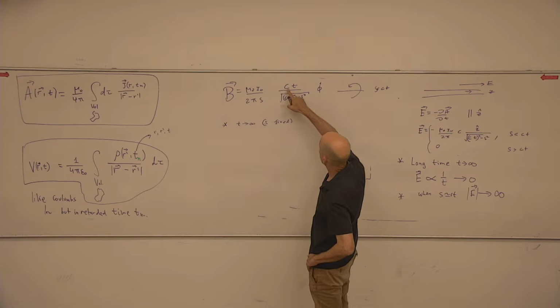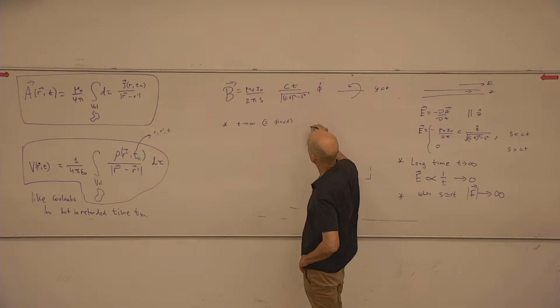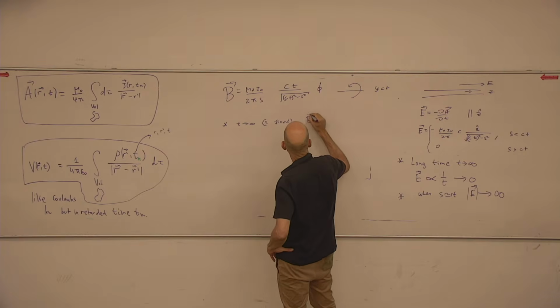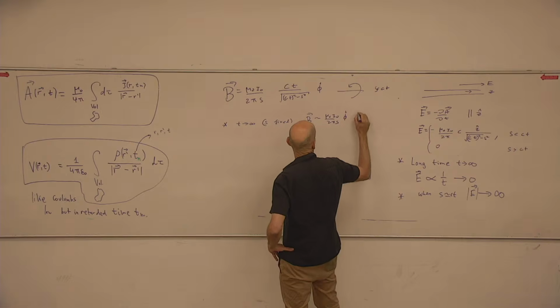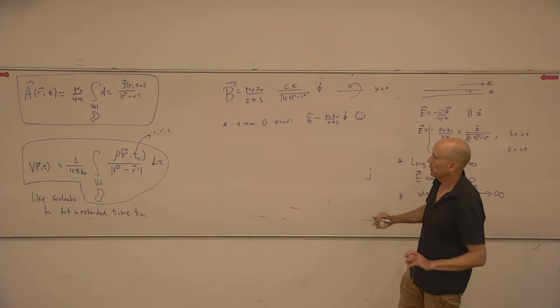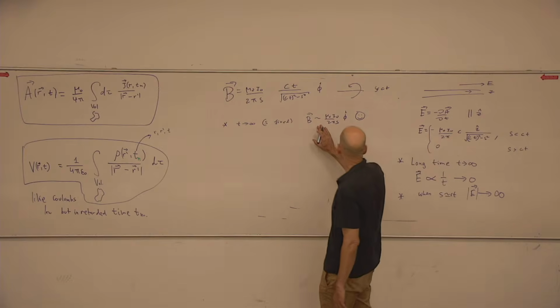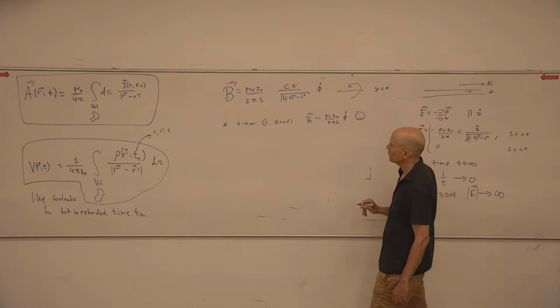This goes to infinity, so this is ct, this is ct squared, but it's much bigger than S. So all this goes to 1, and then B is mu_0 I_0 over 2 pi S phi, like the well-known equation for an infinite wire. So B, unlike E that goes to 0, doesn't go to 0, which is what we expect.